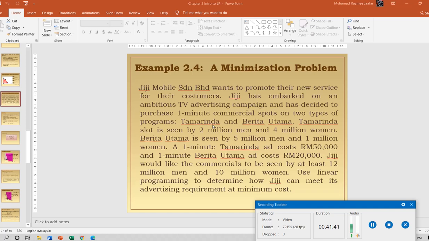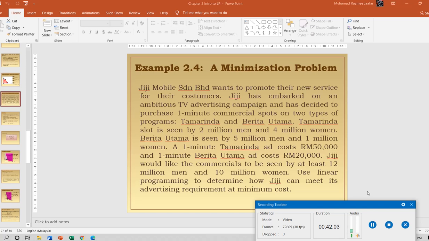Okay, good. So, betul lah apa yang Kailing cakap tadi. To find the decision variables of the problem, first you need to know the objective function, the objective of the problem.